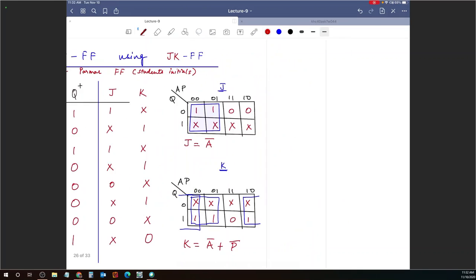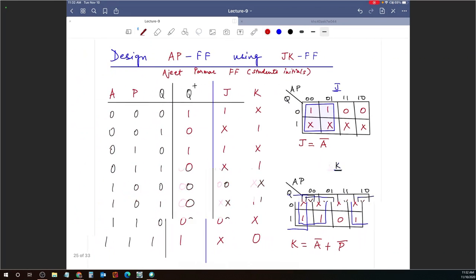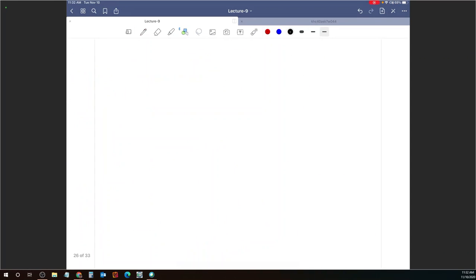All right, so anyway, what did we have? We had a JK flip-flop. So if you have a JK flip-flop, I'm going to start drawing with the JK flip-flop. Are we working with a positive edge triggered or negative edge triggered? Negative edge triggered.